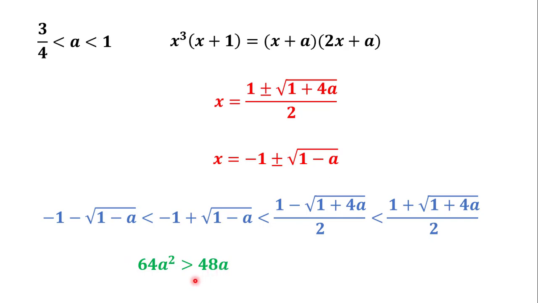We can divide both sides by 16 times a. So we get 4 times a is greater than 3, or a is greater than 3 over 4.